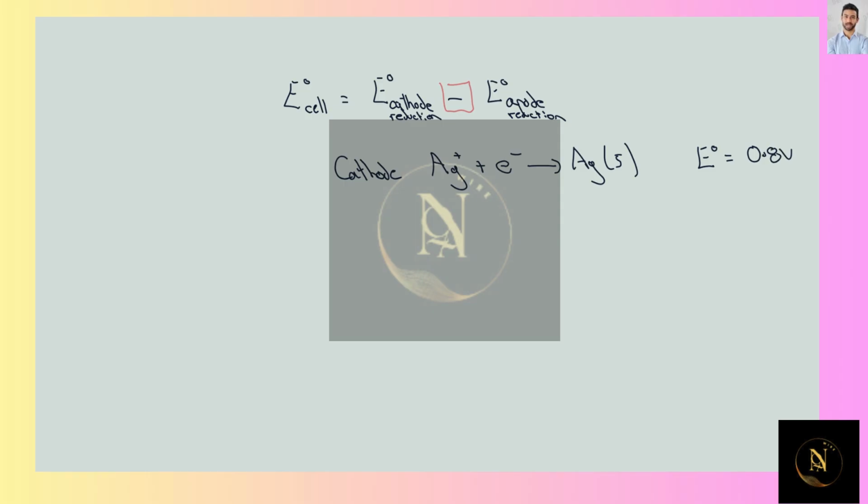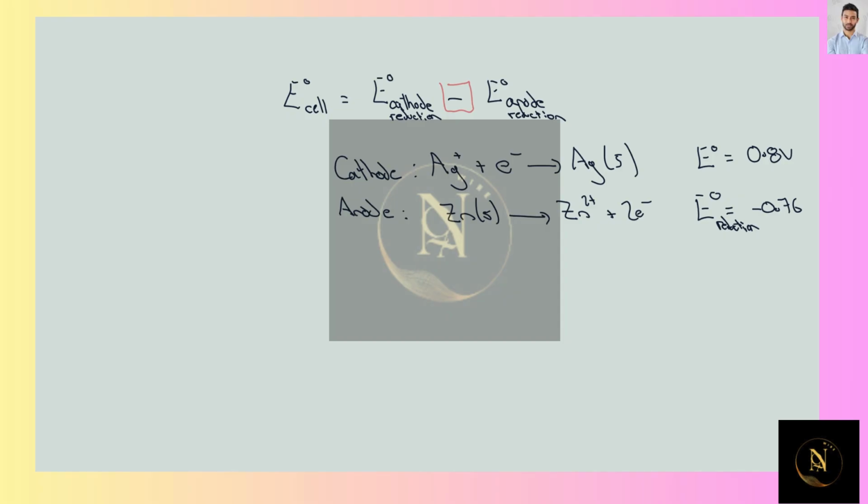Okay. Now for the anode, the equation that we're going to use is that of zinc, but we need to switch it. So we're going to have zinc solid that is going to turn into zinc 2 plus and 2 electrons. And the E0 for that corresponds to minus 0.76 for the reduction.